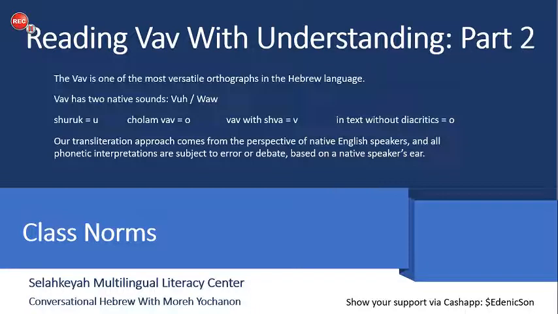So you might talk to a native Hebrew speaker, and they will disagree with some of our rules. But that is a debate that is not worth debating over. Okay?